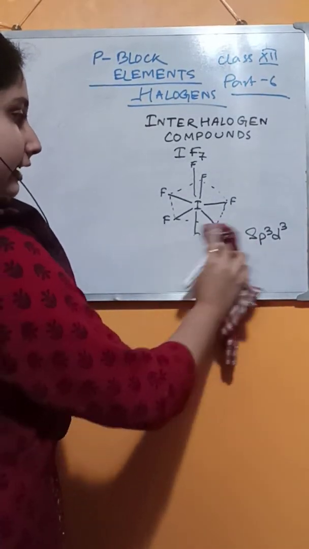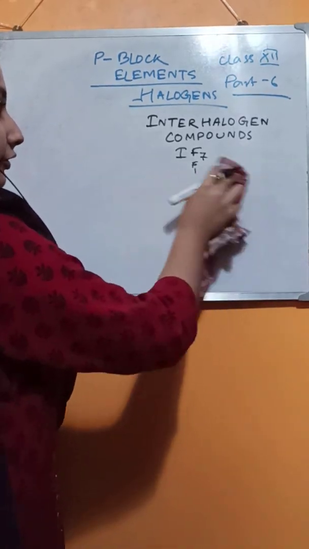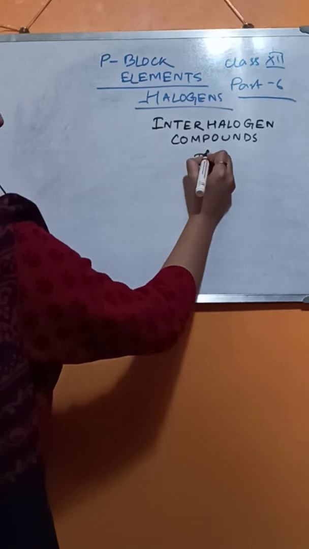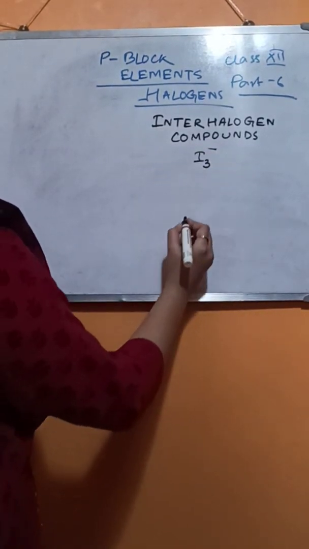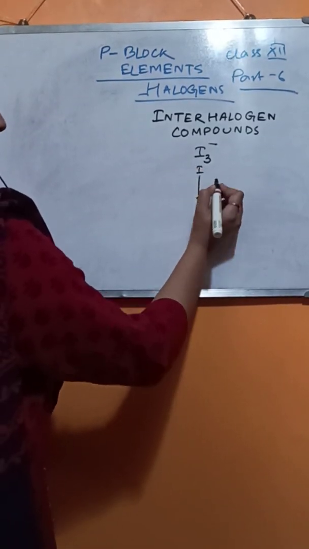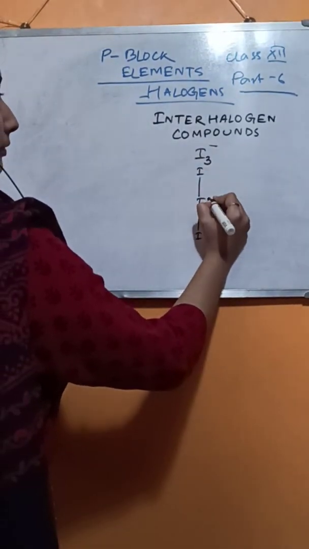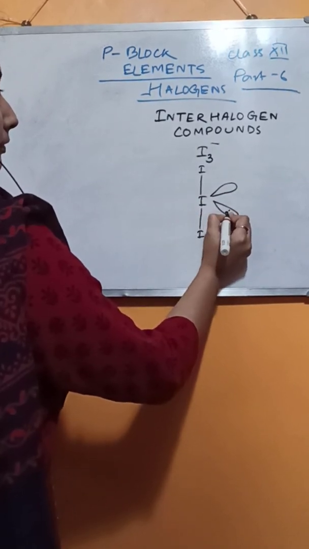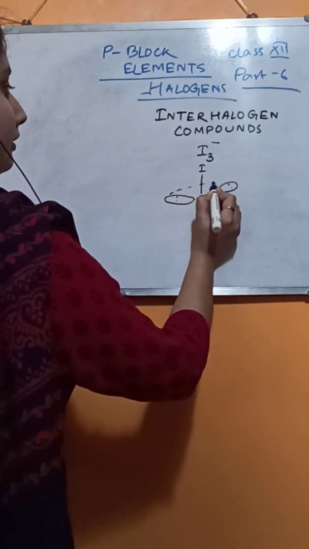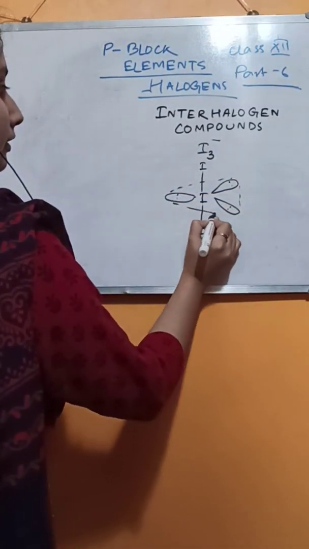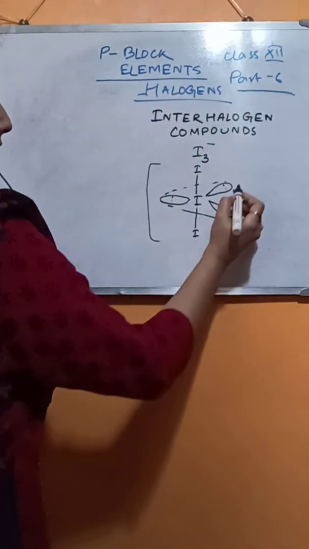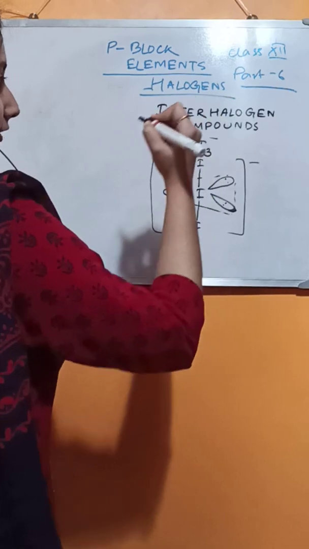The next structure can be of I3 minus. One of the iodines will be the central atom. There will be 3 lone pairs, and the total will have a negative charge.